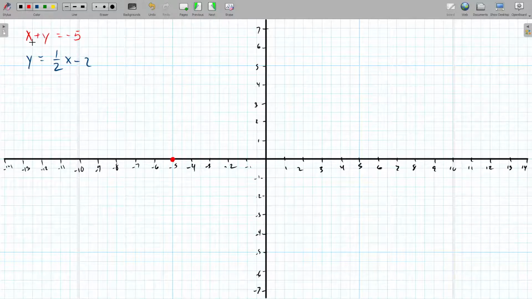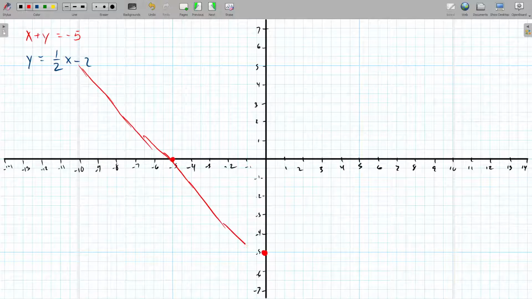And I can look at when x is equal to 0 and we get y is equal to -5. That gives us 2 points, so we can go ahead and connect these 2 points, just like that.